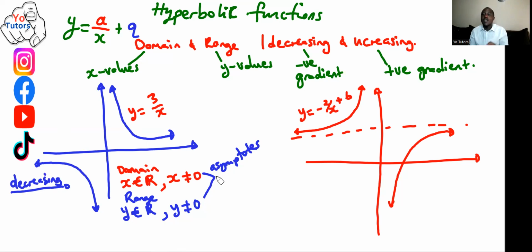Where it's decreasing, it's x element of real numbers, but x must not be equal to 0, because in the y-axis, it will never touch. So decreasing is decreasing everywhere. What about increasing? This graph is not increasing.